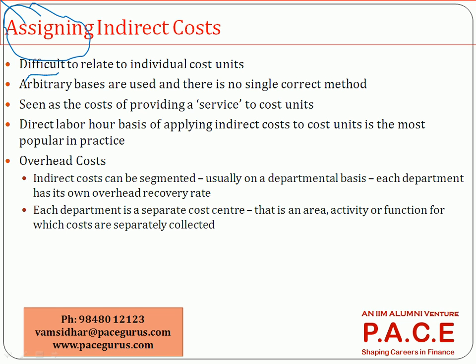So that's where we talk about identifying the drivers. Different people can talk about different bases. Some people may say, okay, rent, how many units you have produced using the rent, and based on that you divide the rent by the total number of units produced in that venue. That you may call the per unit rental cost.